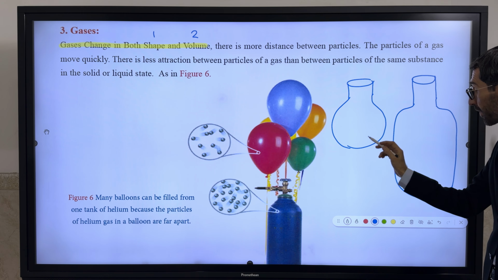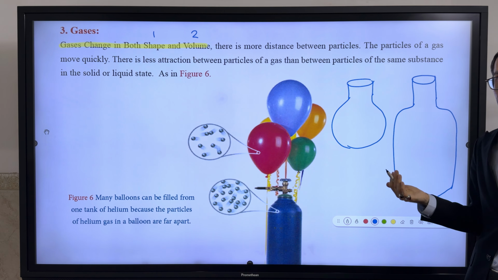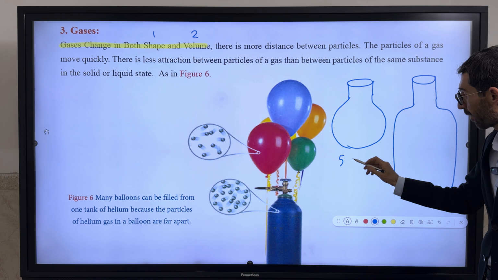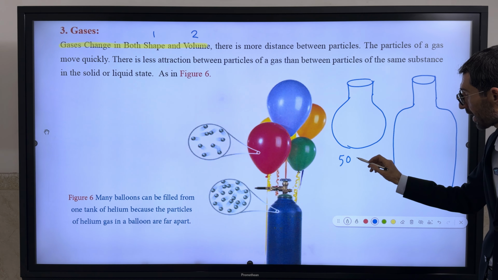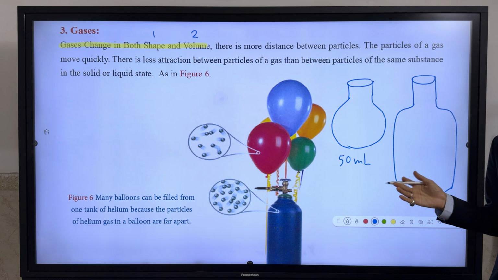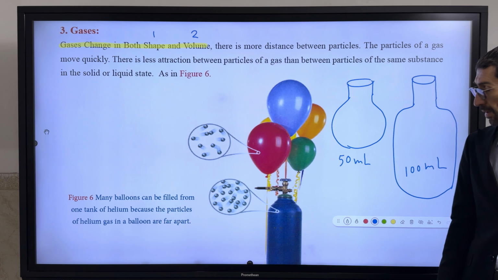For example, the volume of the first one, just for understanding, these numbers are not real, they are just for understanding, is 50 milliliters. The volume of the second one is 100 milliliters.